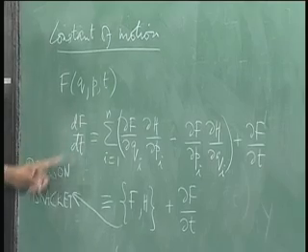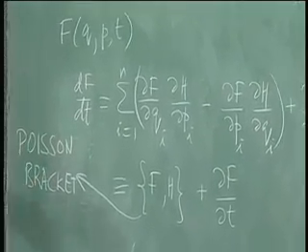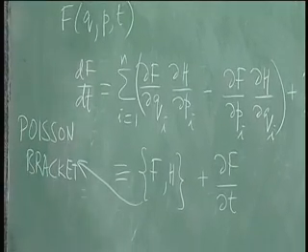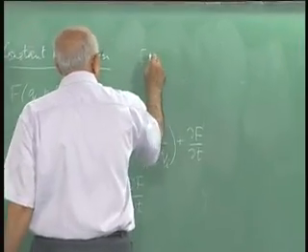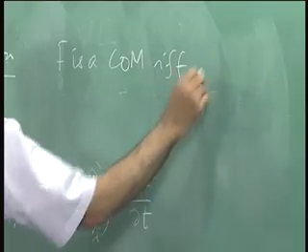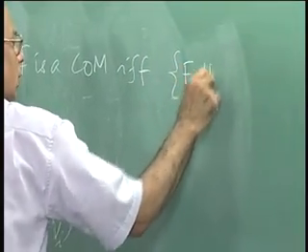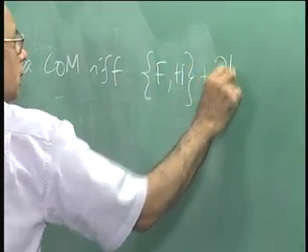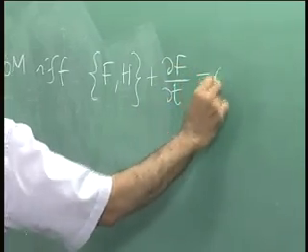And when is f a constant of the motion? If df over dt vanishes identically. This means f is a constant of the motion if and only if the Poisson bracket of f with h plus delta f over delta t equals 0.